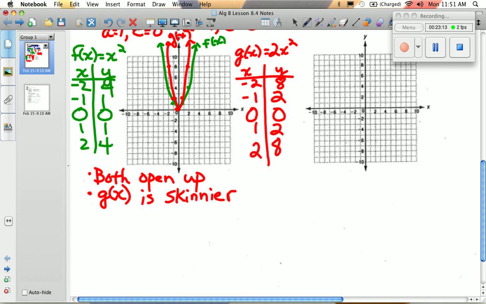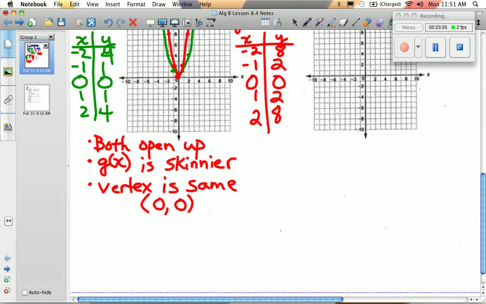Okay, now our c value. Did it move up or down? The vertex stays the same. What is that vertex again? 0, 0. And then we also talk about the axis of symmetry, and the axis of symmetry is the same.